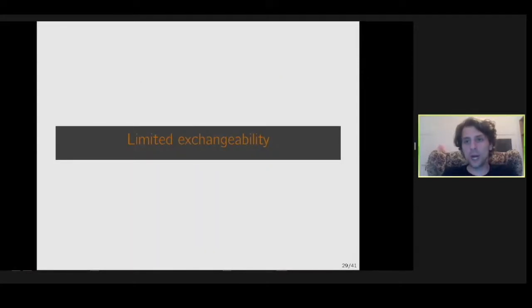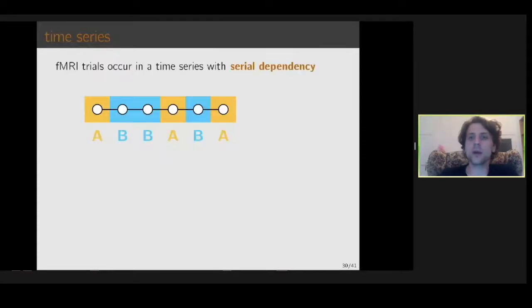So now I would like to point out some cases of limited exchangeability, that is, situations where exchangeability does not hold, or where exchangeability can only be applied in a very limited way. And a prime example for this is fMRI trials.